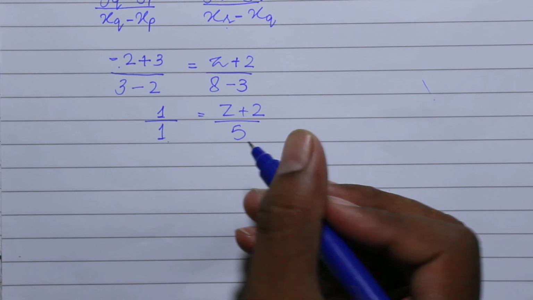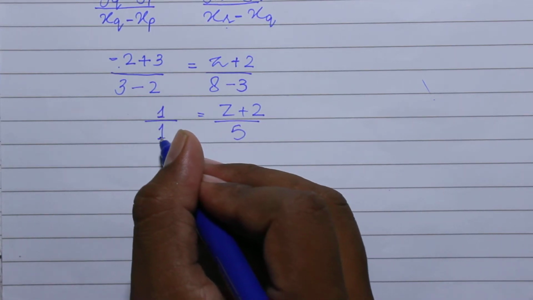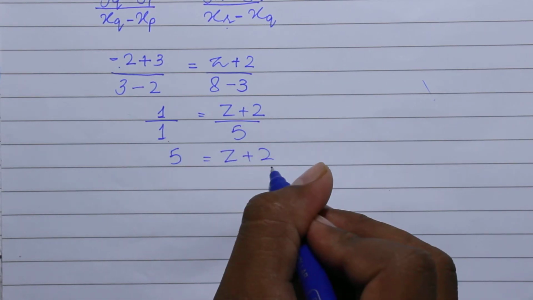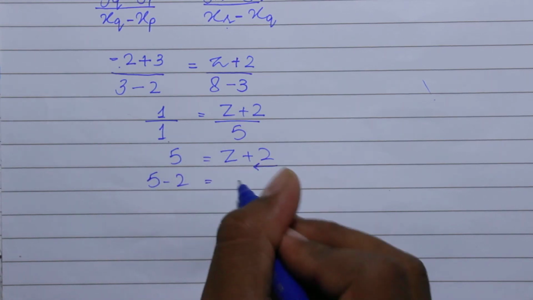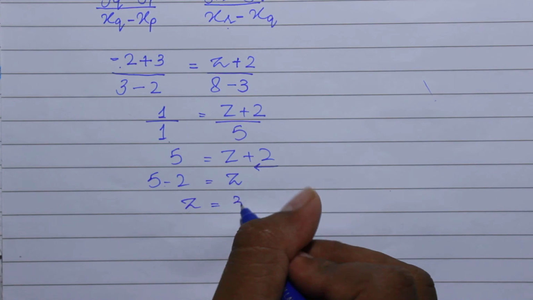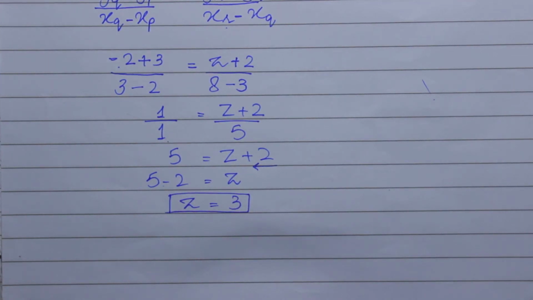Now do the cross multiplication. 5 ones are 5, and multiplying 1 with Z plus 2, it remains Z plus 2. When this 2 shifts over there, it is 5 minus 2, and this is Z. Arrange it: Z equals 5 minus 2, which gives you 3. This is the required answer.